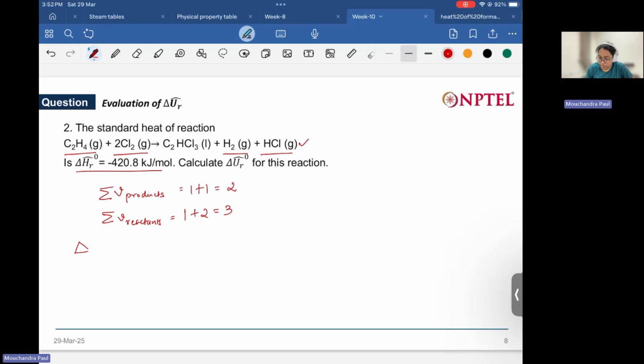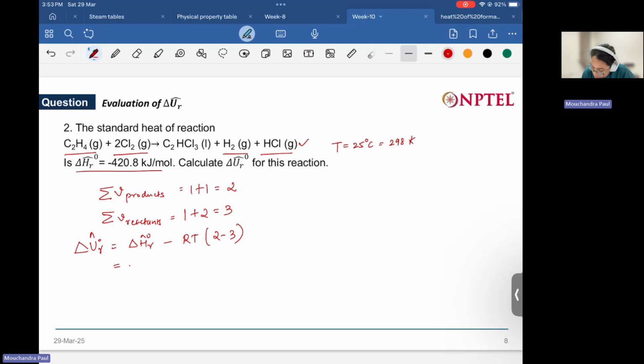So the final expression will be delta HR hat, the standard heat of the reaction, minus RT into product minus reactant. If you put the values of the heat of the reaction, the universal gas constant, and the temperature, here the temperature is 25 degrees Celsius or 298 Kelvin.